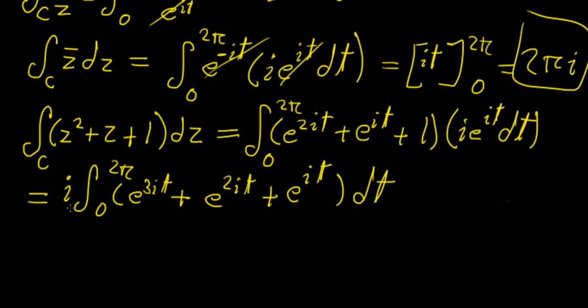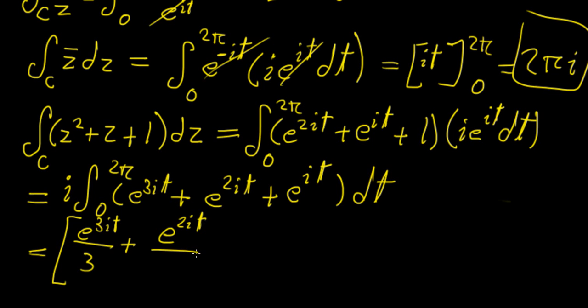Now once we integrate, the i is going to cancel out with the i in the denominator of each of these, so we can write the following expression: e to the 3it over 3 plus e to the power of 2it over 2 plus e to the power of it, from 0 to 2 pi.